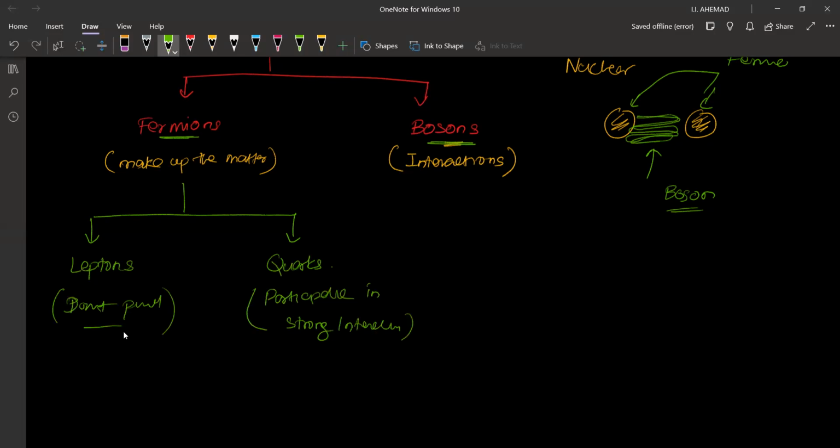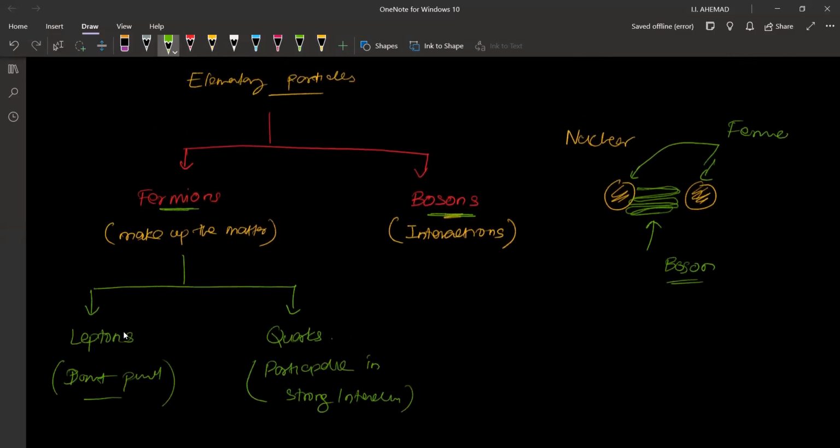So what is this strong interaction? I was talking about nuclear force, right? So nuclear force is strong interaction. Between proton and proton, we have strong interaction. How about the nucleus and the electron? Do they have strong interaction?